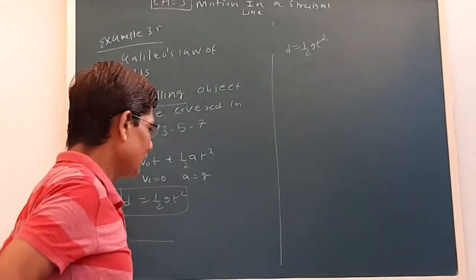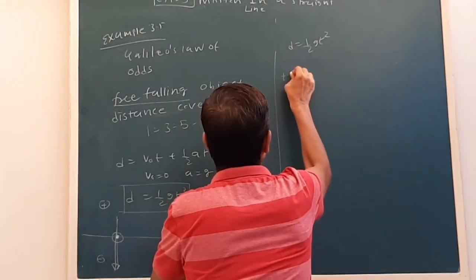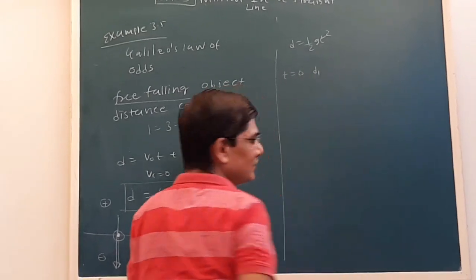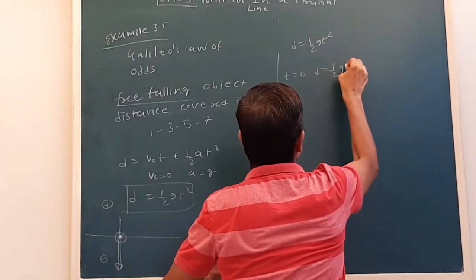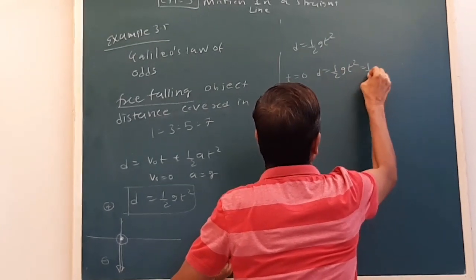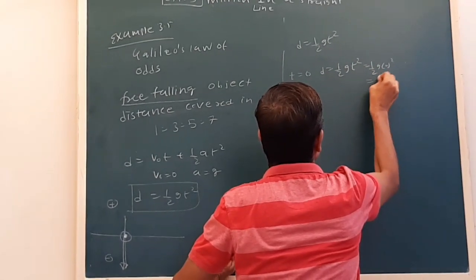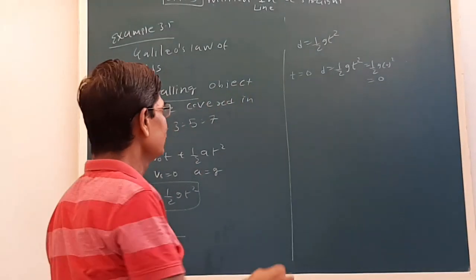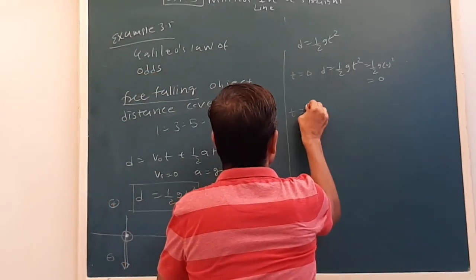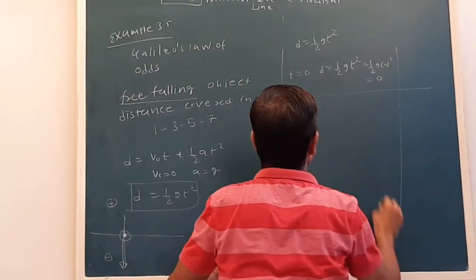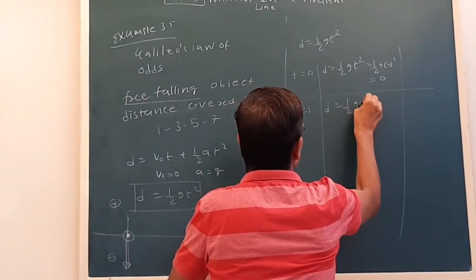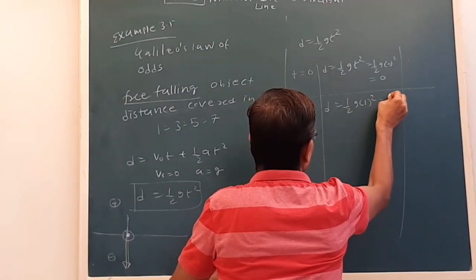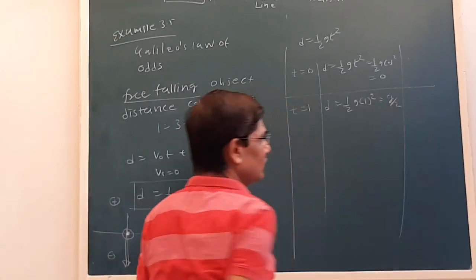Now, at t is equal to 0, the distance d is 1 by 2 g t square, which is 0. Let us say at t is equal to 1 second, the distance covered is 1 by 2 g into 1 square, that is g by 2.